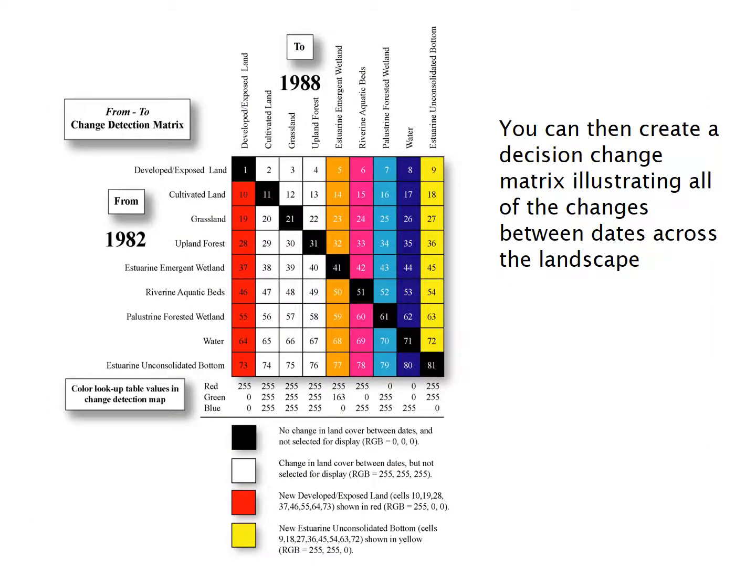So how does that decision matrix work? You have the different classes: developed, exposed, cultivated, grassland, urban, estuary, river, what have you, in the before and in the after, and you simply compare what they are. If it was developed and it is developed, then it should still be developed, right? If it was cultivated and it is cultivated, it should still be cultivated. And so on and so forth.